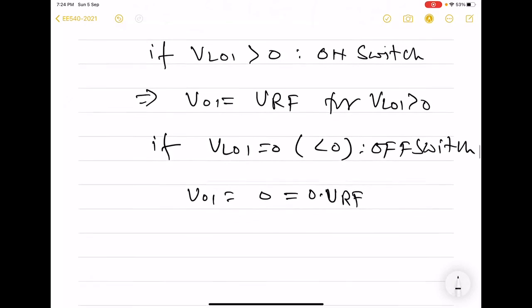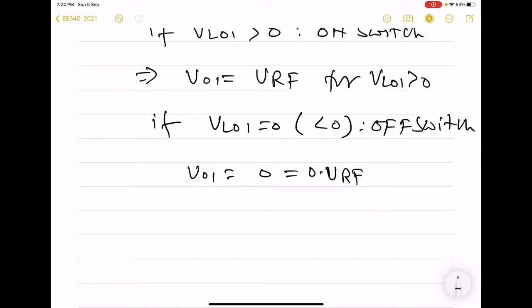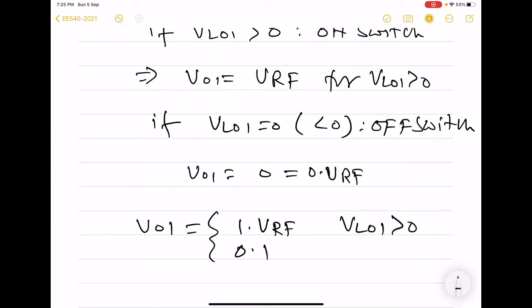So we see that the complete output actually remains what it was earlier without scaled up LO. So this scaling up LO has not led to any change in the output.